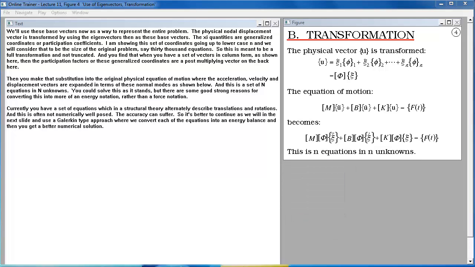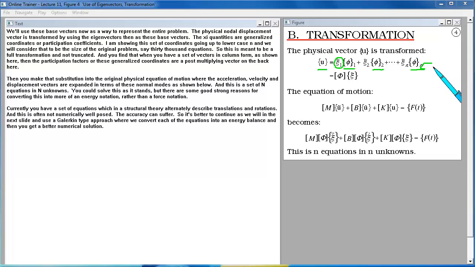The physical nodal displacement vector is transformed by using the eigenvectors then as these base vectors. The C quantities are generalized coordinates or participation coefficients. I'm showing this set of coordinates going up to lowercase n, and we will consider that to be the size of the original problem, say 30,000 equations.